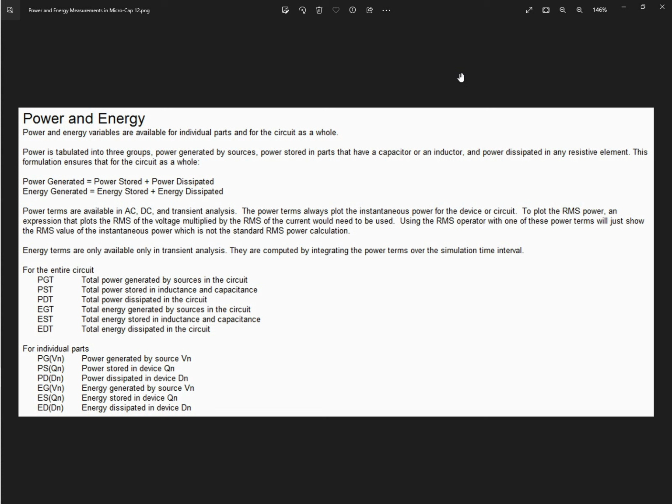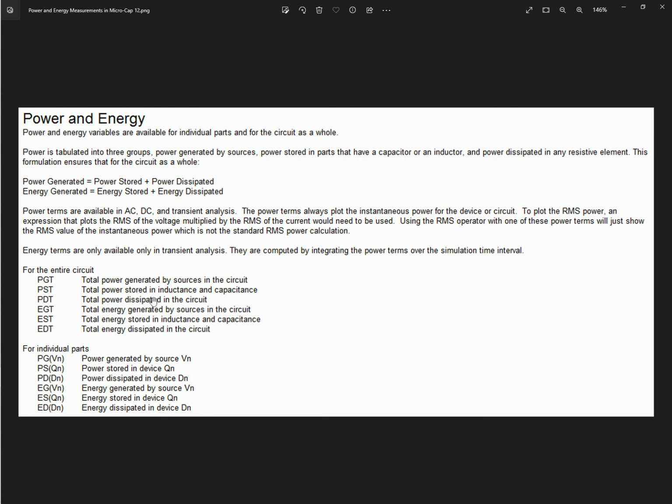But if I want the RMS, I'll do RMS of the voltage and then separately multiply it against the RMS of the current to give me the RMS wattage. And you have to do that anyway if you use their total power function or total energy function. I kind of knew, but I just don't bother to use all the features that Microcap has, and it's probably my loss and yours.